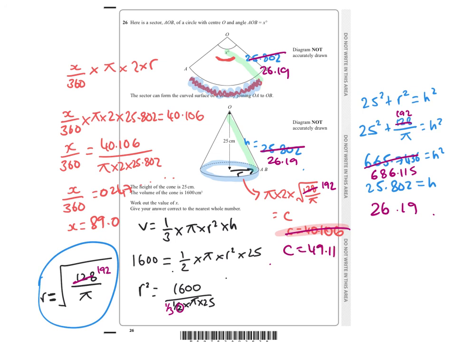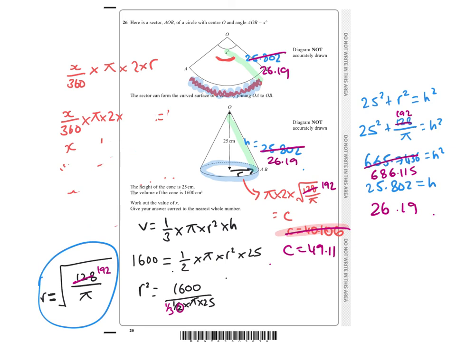Okay, so now using the correct figures, times my radius, which is 26.19, equals my circumference, which is 49.11.